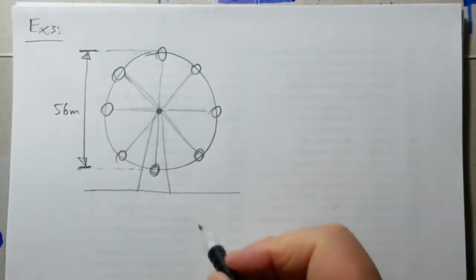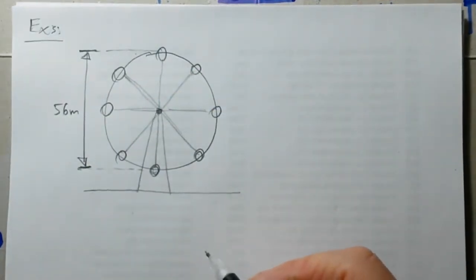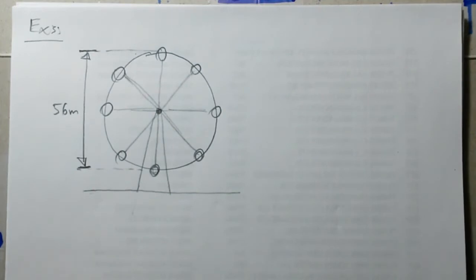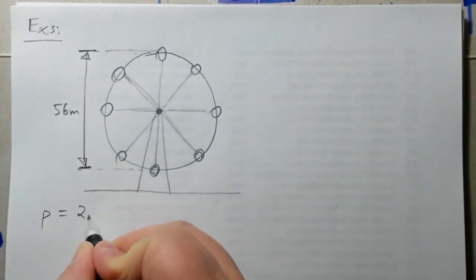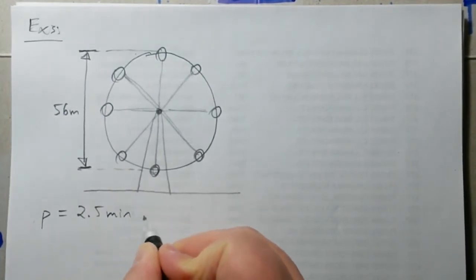They also say that it took 2.5 minutes to complete one revolution. So maybe right below this, as a reference for now, we could say that the period is equal to 2.5 minutes. Okay, let's leave that as a reference.